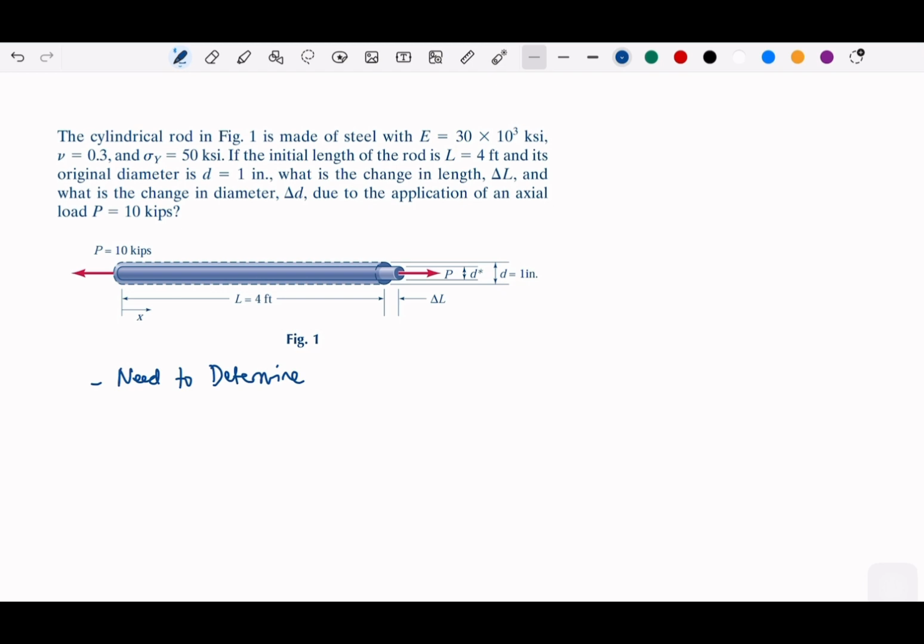So we need to find the stress that is happening here. Is it going to exceed this 50 or not? If not, then we can use the linear elastic assumption. Okay, so that's what is going to happen. So we need to determine the stress.